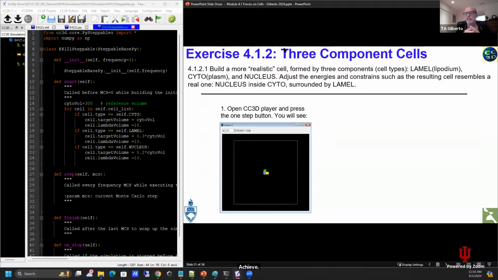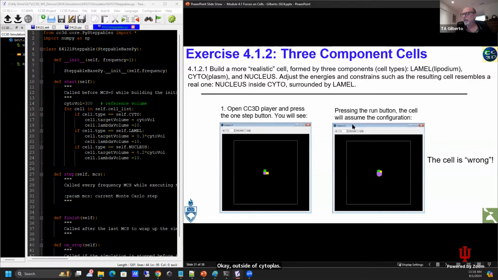The real cell doesn't look like that. We have the cytoplasm, the nucleus inside the cytoplasm, and the lamellipodia involving the cytoplasm, outside of the cytoplasm. So at the beginning you don't have that.